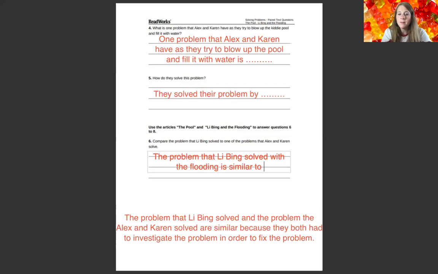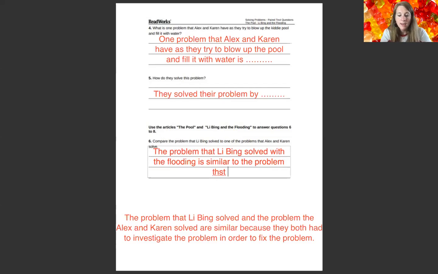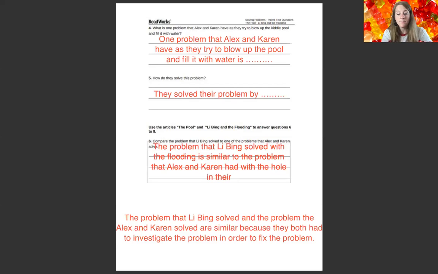Okay, so the problem that Li Bing solved with the flooding is similar to the problem that Alex and Karen had with the hole in the kiddie pool. Okay.